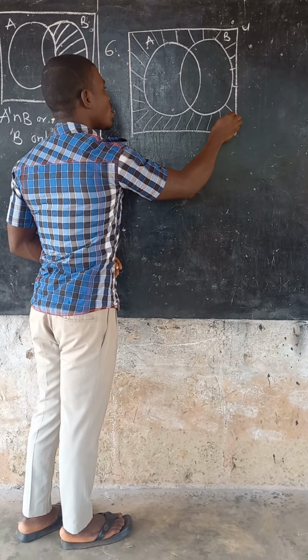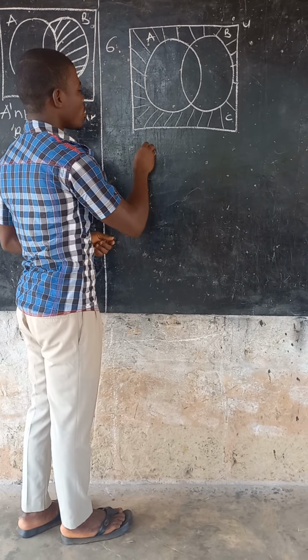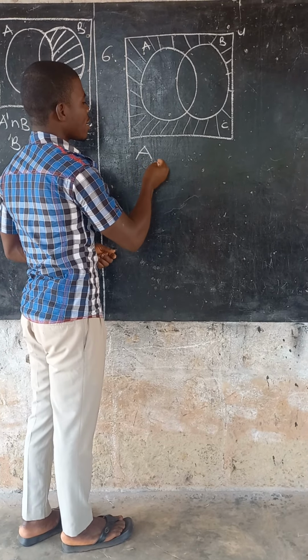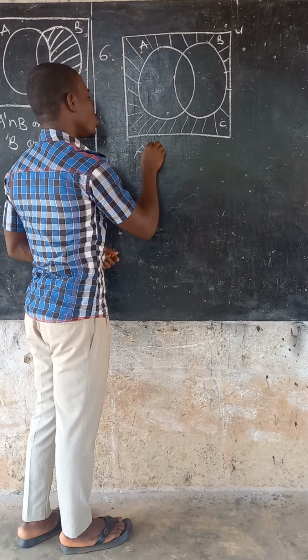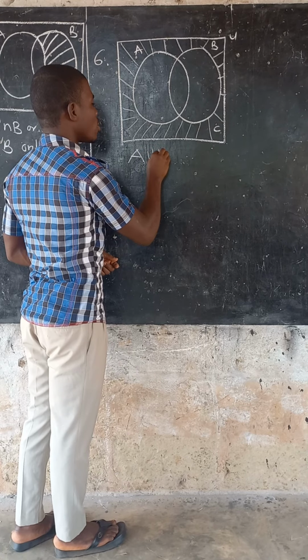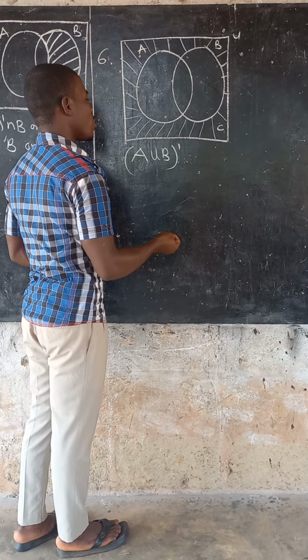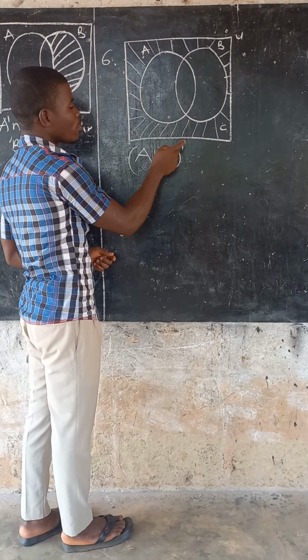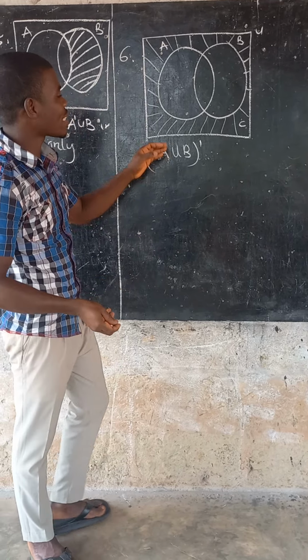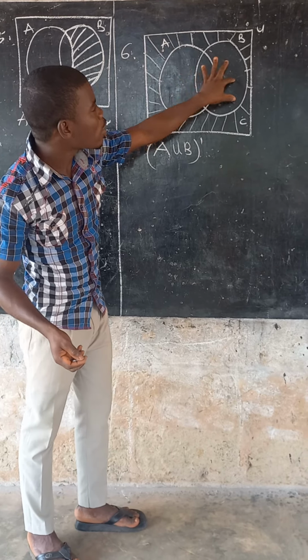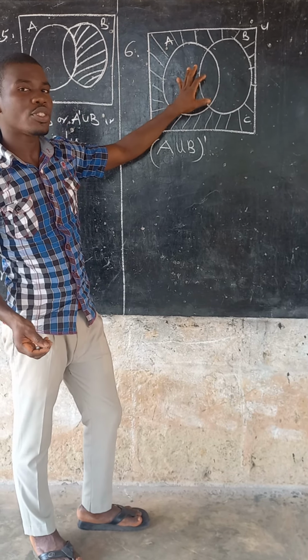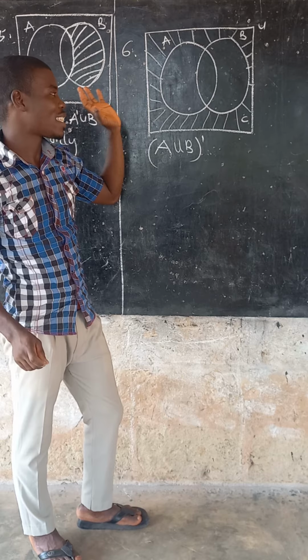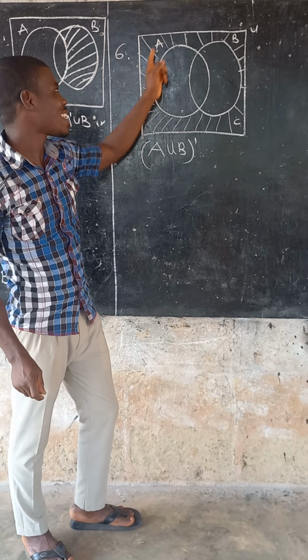You can choose to call this C. So it is going to be A union B complement. It means that anything within A and B, please don't look at it, but the ones that are outside A and B.